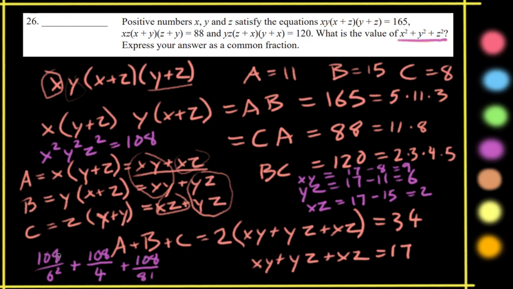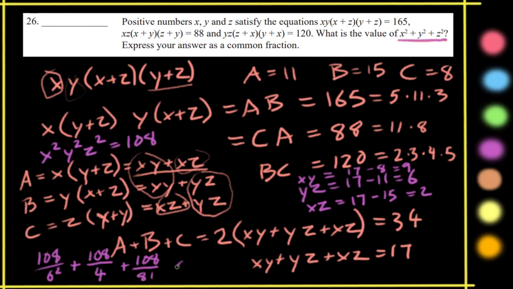So let's see. 108 is divisible by 6, right? So let's see. If I divide by 3, I'll get 36 divided by another 6. Oh yeah, so that's just 6, right?